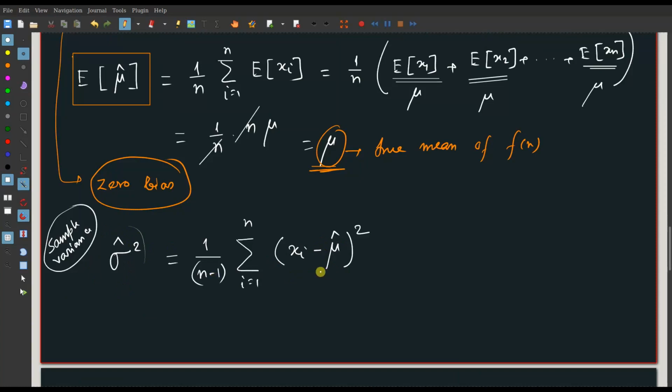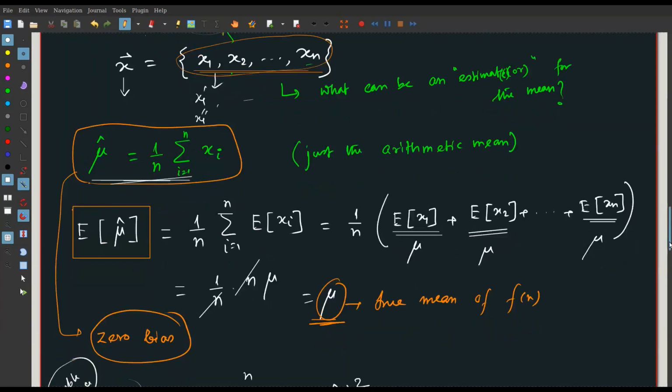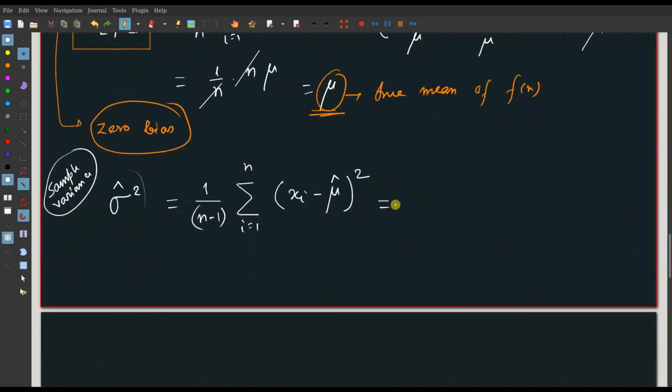And if you actually simplify this, so basically you simplify this with this substitution and you put it back here, then you actually have n over n minus 1, then we have 1 by n summation over i equals 1 to n of xi square minus mu hat square.